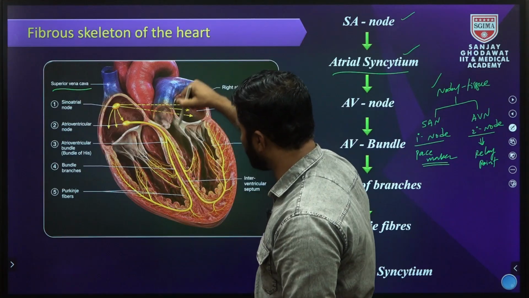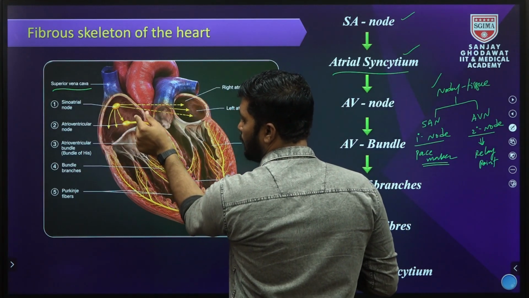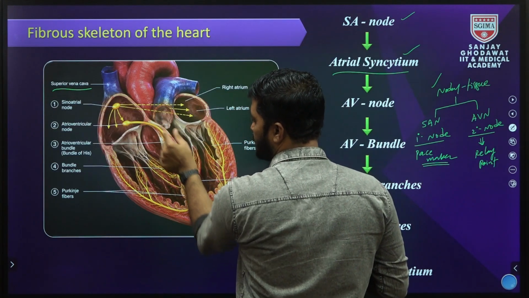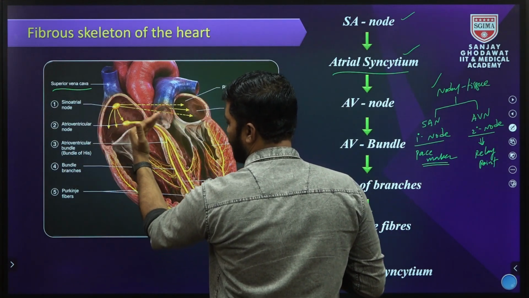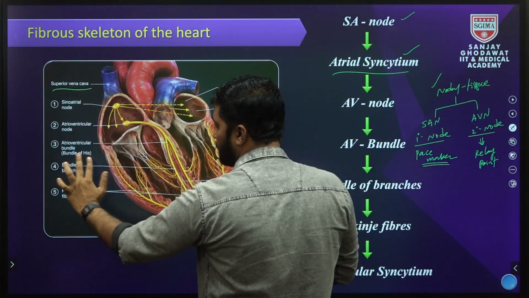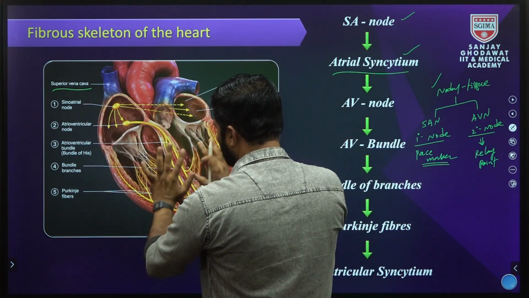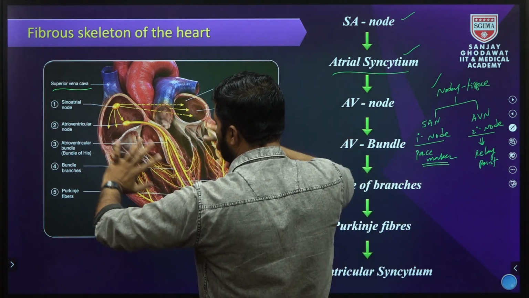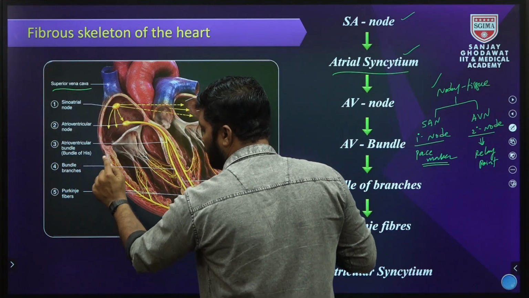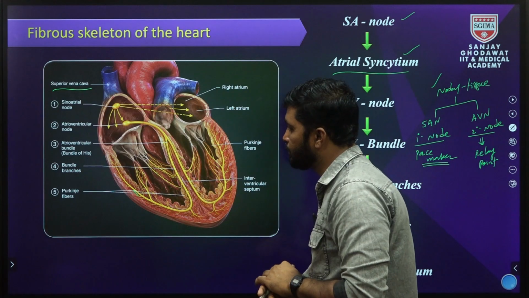From the secondary node, the bundle of His arises, then divides into right and left branches, the bundle branches, which innervate the ventricular musculature by minute branches called Purkinje fibers.